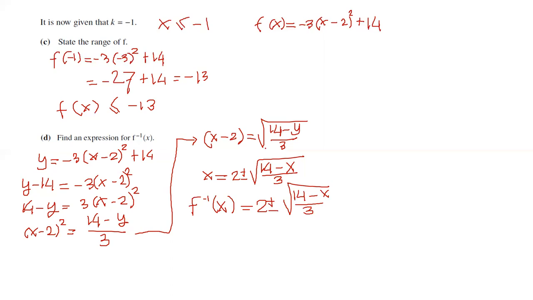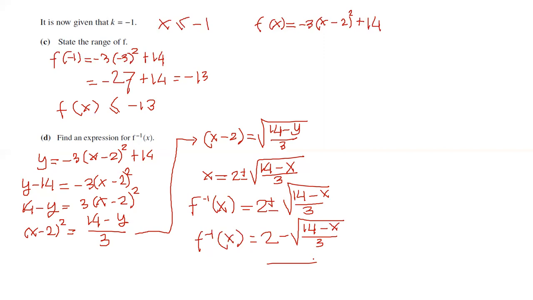If negative numbers, the plus is impossible. For the range to be negative numbers, it must be 2 minus the square root of (14 minus x) over 3. This is the solution.